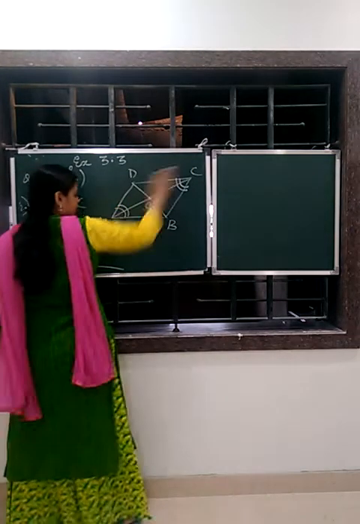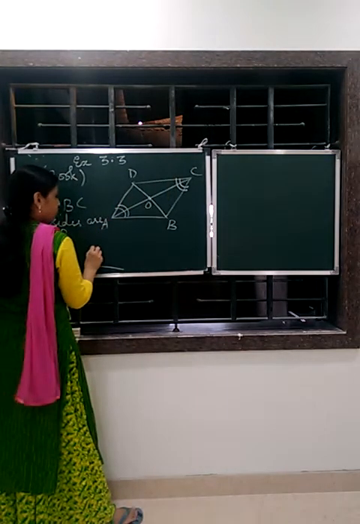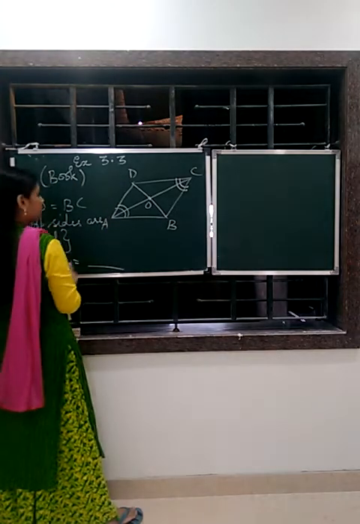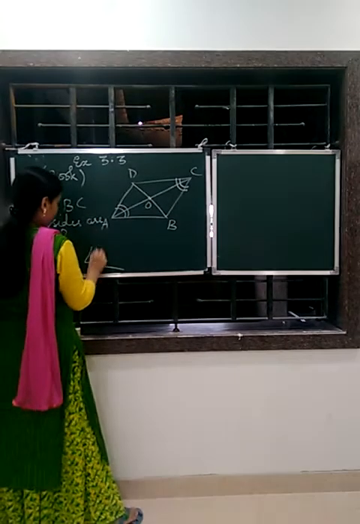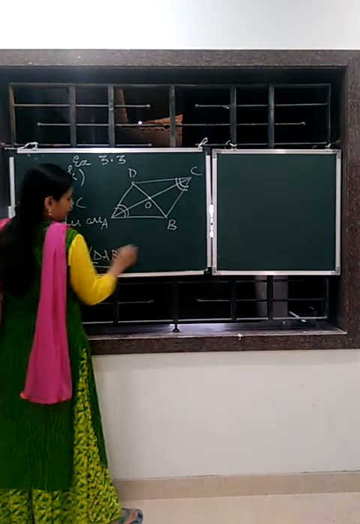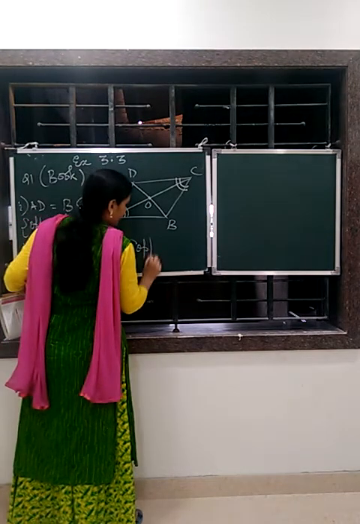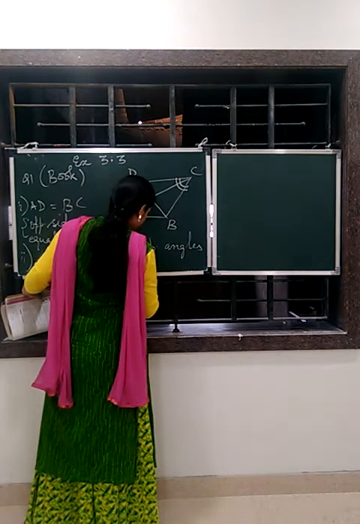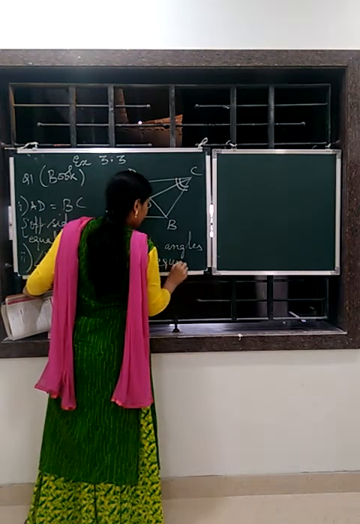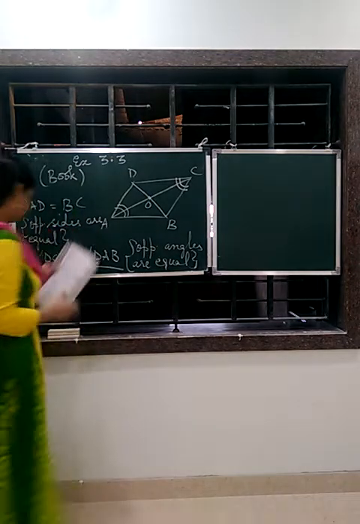So angle C is equal to angle A. So it will be DAB. And what will we write? What property have we used? Opposite angles are equal. You are going to write it there.